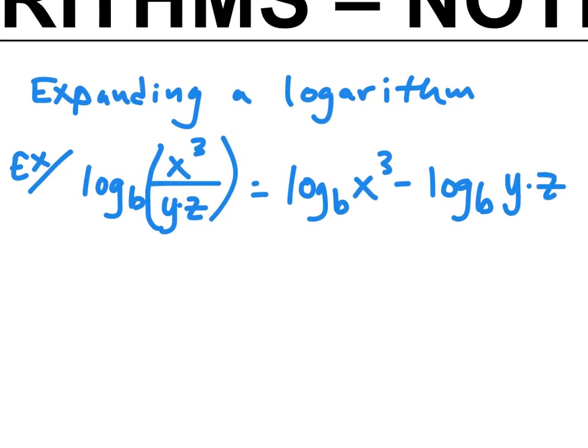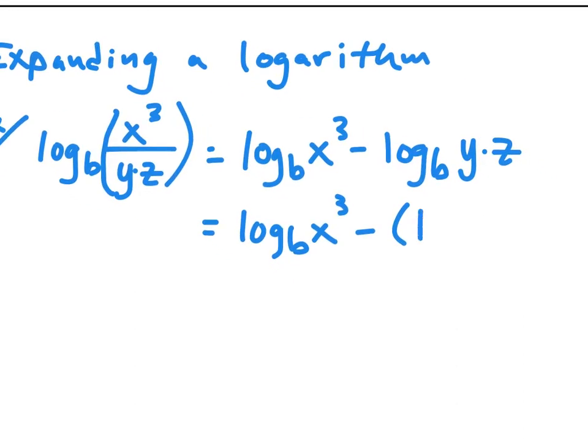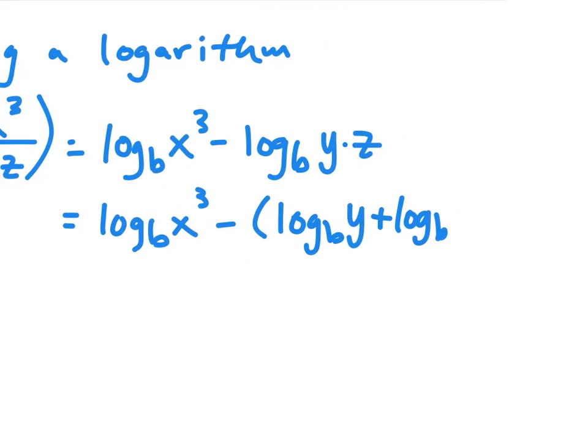From there, I'm going to have log base b of x cubed minus the quantity. Now, because I'm multiplying these two things on the inside, I can write this as log base b of y plus log base b of z. And we can put those in parentheses. Sorry, it doesn't look very neat, but that's the idea.